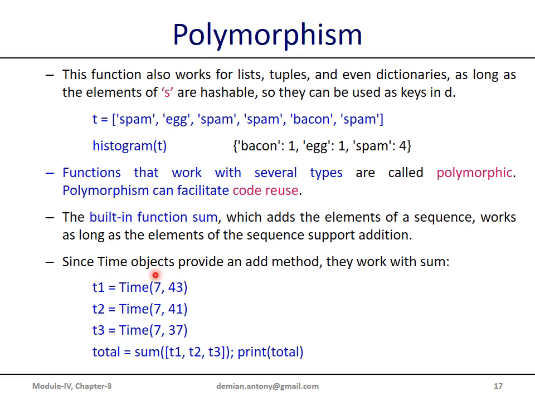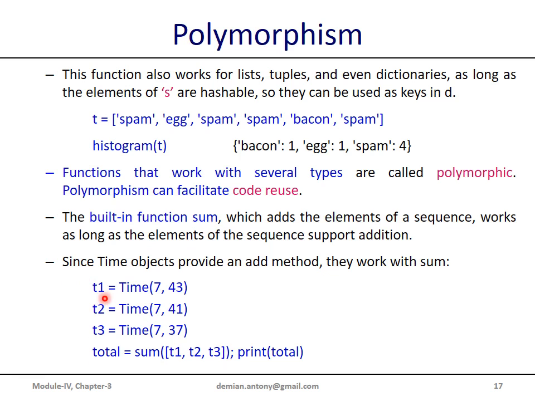As the time object provides the method add, which is the function double underscore add double underscore, the function for the overloaded operator plus, we can use this built-in aggregate function sum to add the time objects.